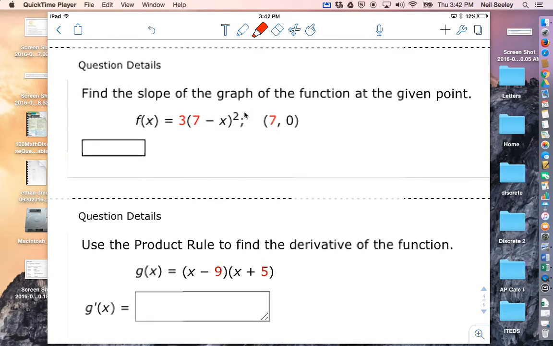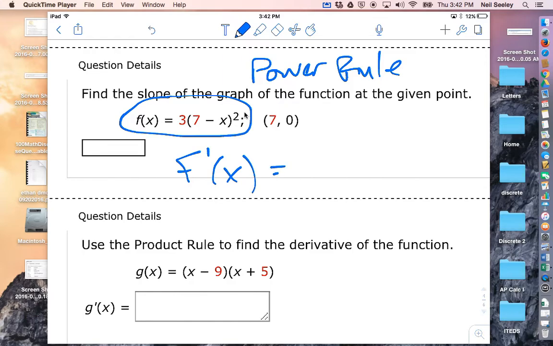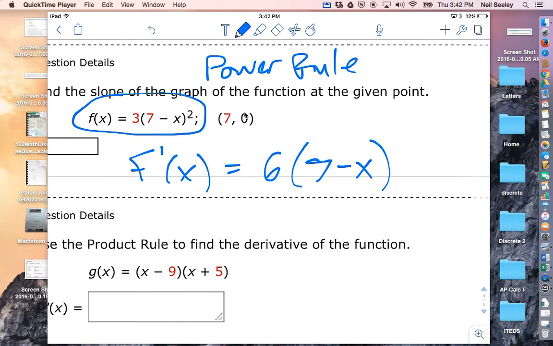We have done what's called the power rule so far, and it's so powerful that it was even able to let us do this problem right here. If you have something to some power and a number out front, this is perfect power rule territory. And the way it's worked so far has been pretty simple. F prime of that situation would be you bring the 2 out front, make it 2 times 3, which is 6. You leave the 7 minus x in there, and then you reduce the power by 1.